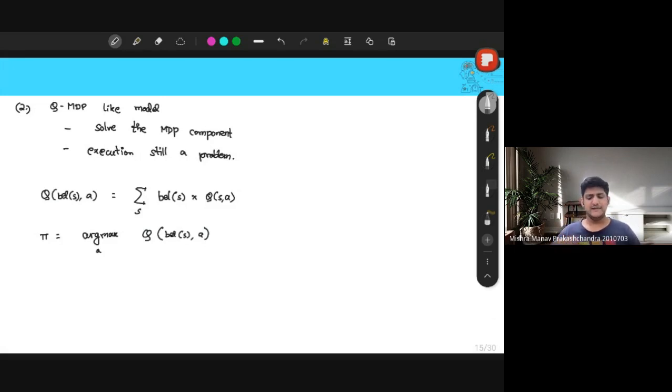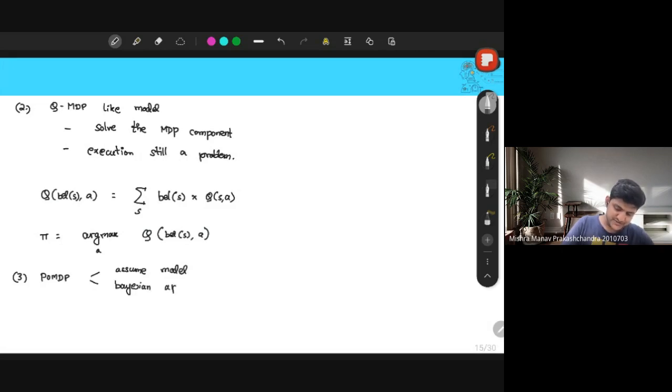Third and fourth, the professor mentioned directly solving the POMDP. Therein he says that first you have an approach where you assume the model, and secondly, you deal with a Bayesian approach. Since he didn't go into detail, I also skipped this part.